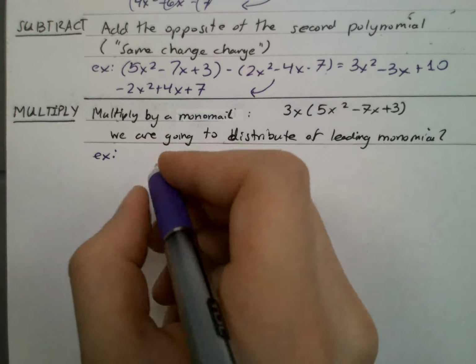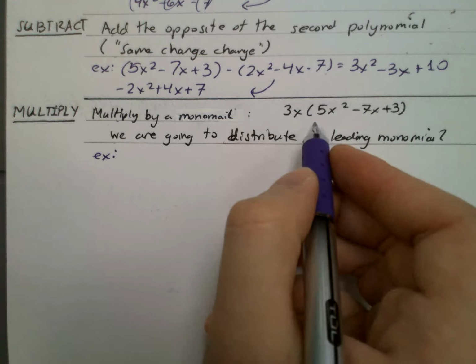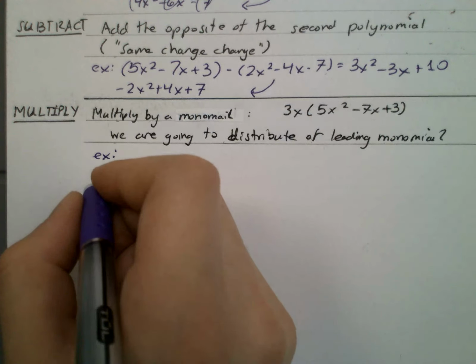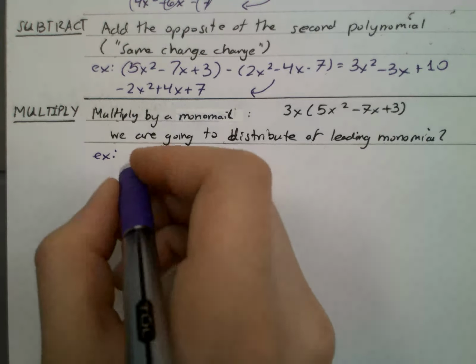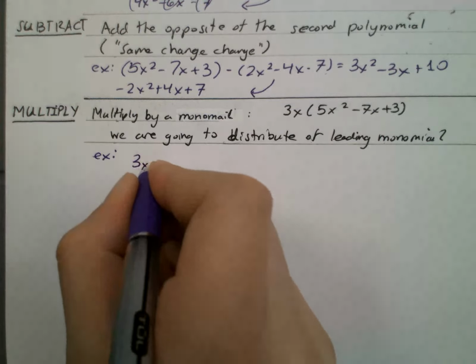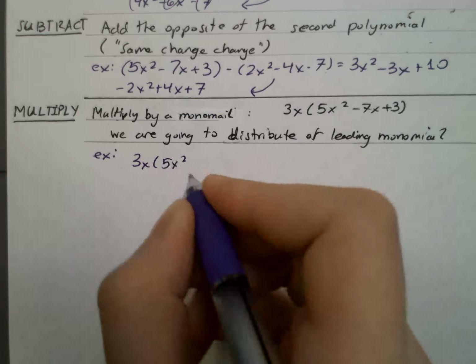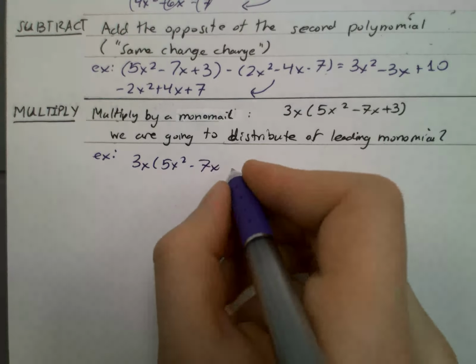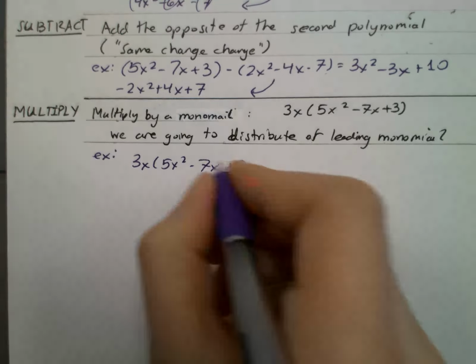So for example, let's say I've got, actually I'll use that one. 3x times 5x squared minus 7x plus 3, okay?